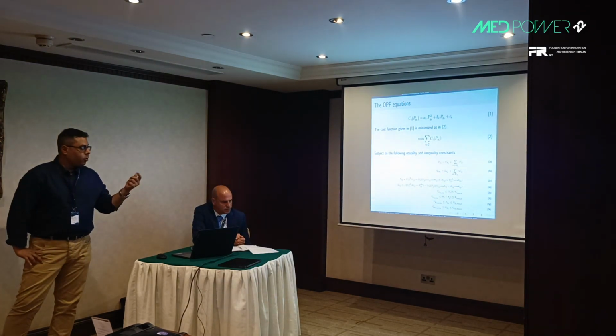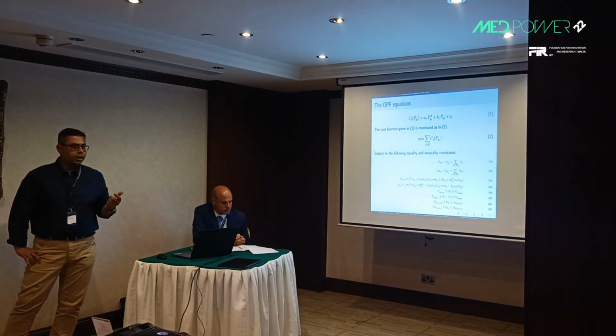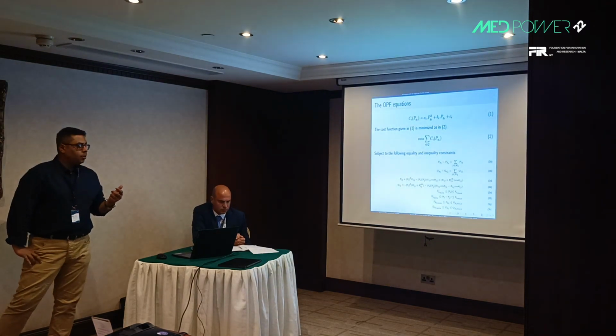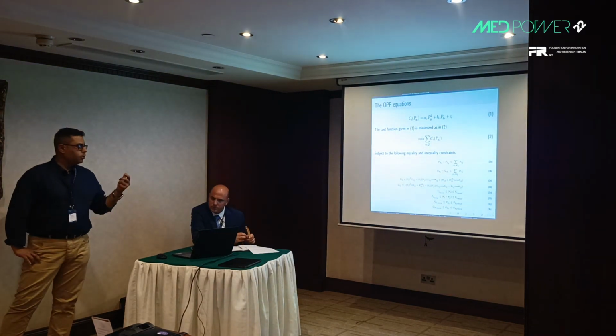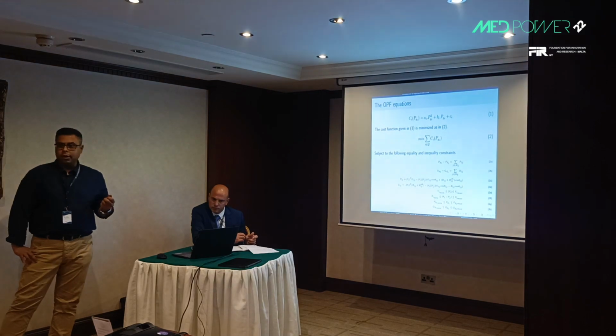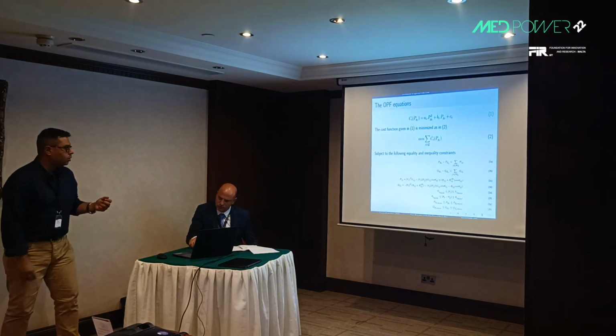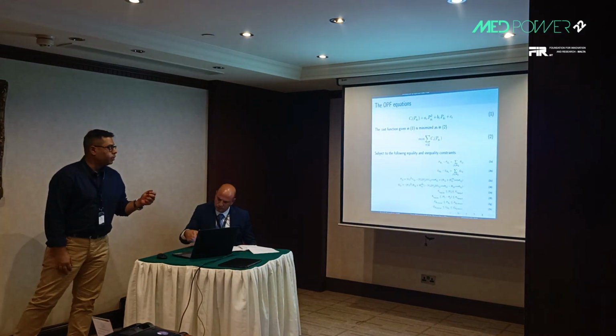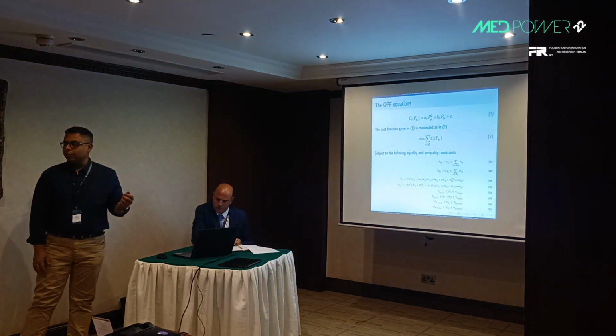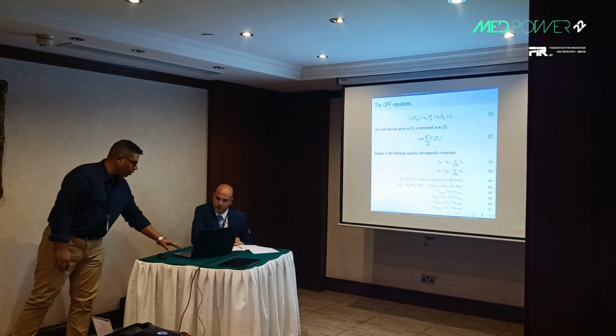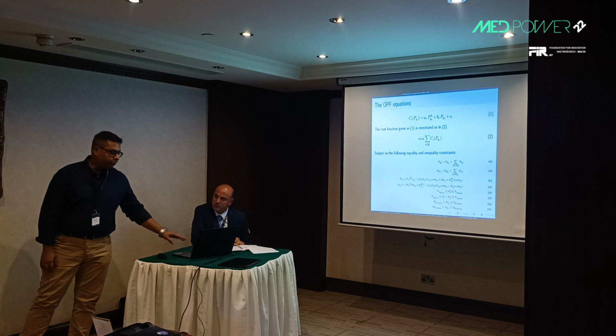So the voltage contains the magnitude as well as the angle, and the polynomial constraints come from the line flow limits. So this is where we have nonlinearity and non-convexity in the original OPF formulation.